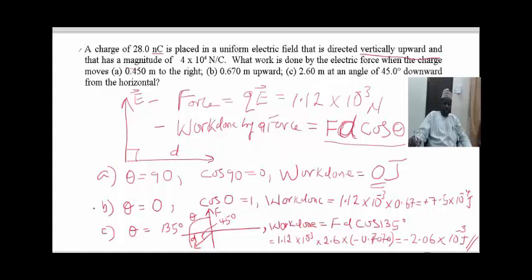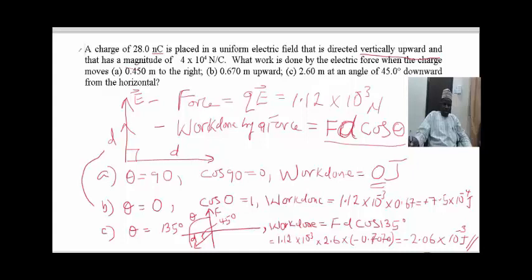Okay, in part B, we displace the object 0.67 upward. So in this case, we move the object upward. Our displacement is upward. You can see the upward displacement here is in the direction of our electric field, which is also in the direction of our force. Therefore the angle theta in this part B, where we move it upward and our force is upward, is 0.